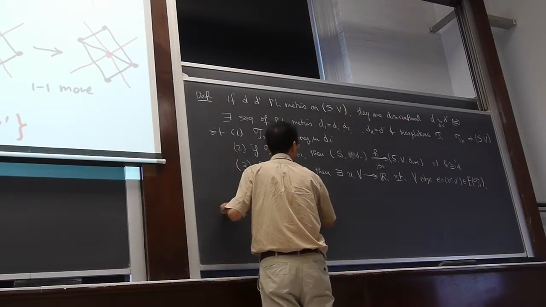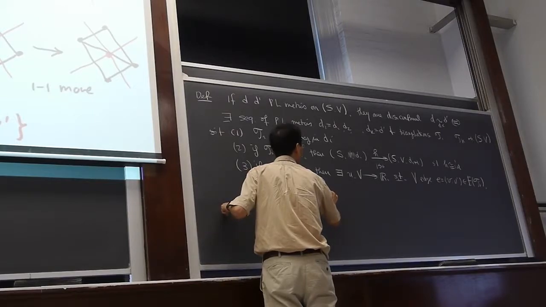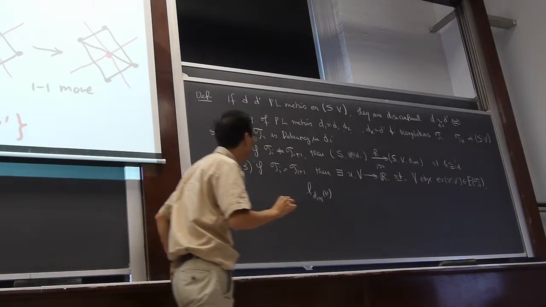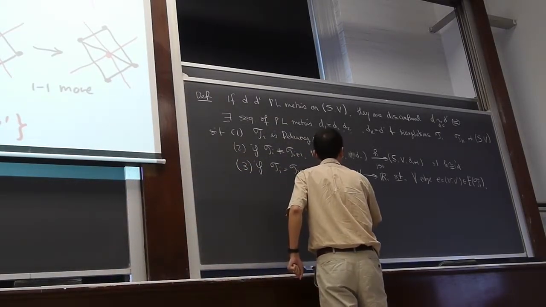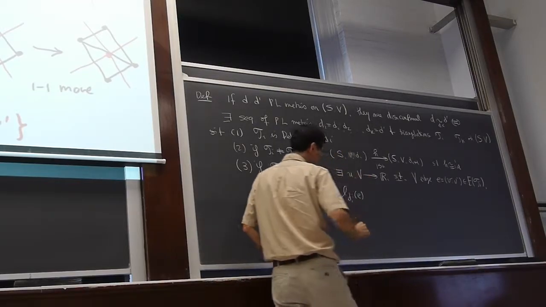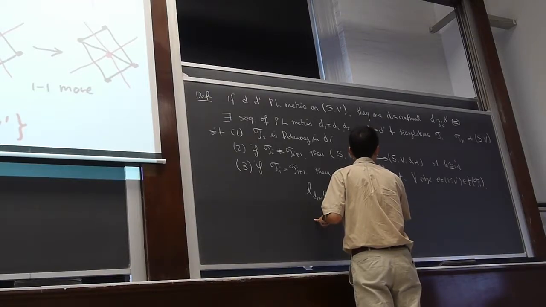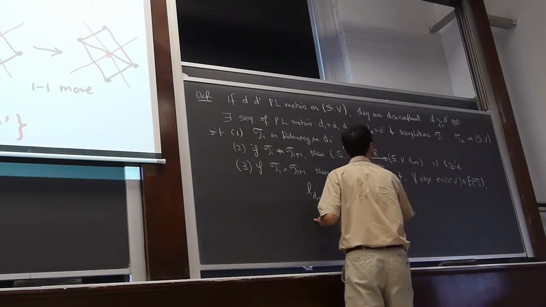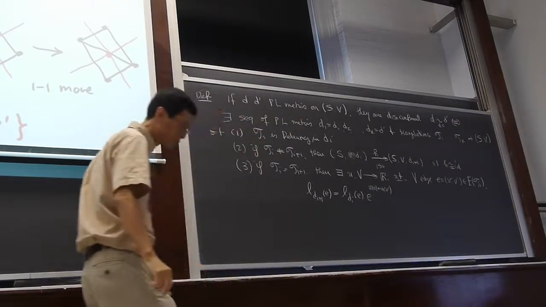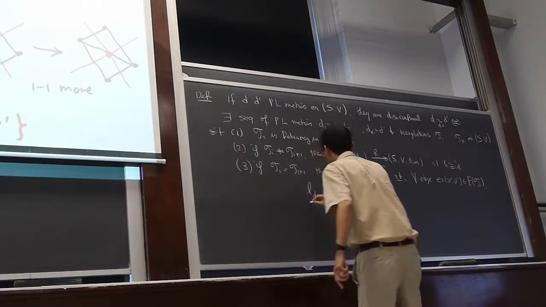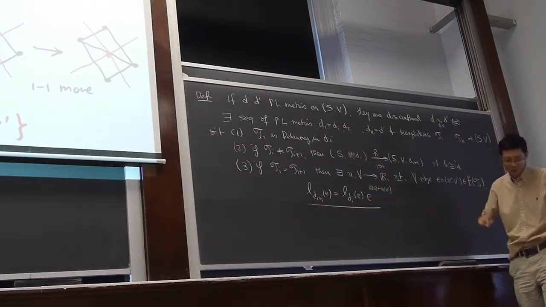So let's compute the length of the edge in the Di plus 1 metric and the length of the edge in the Di metric, and they differ by a scaling, e to the u(v) plus u(v prime). This is a kind of strange condition, but I will say more about it. And so that's the condition.